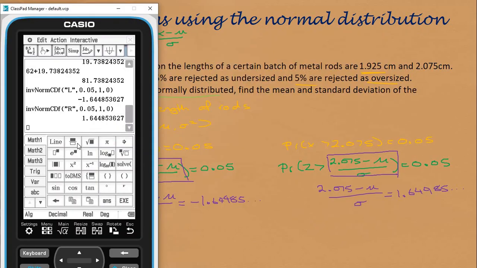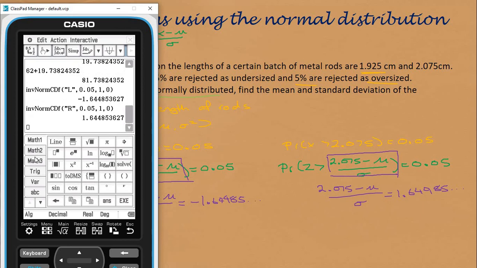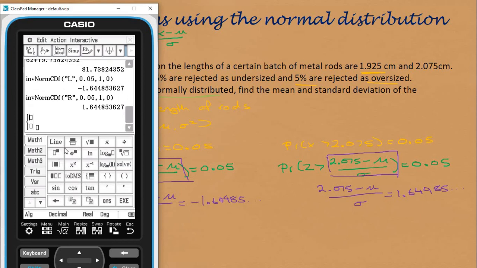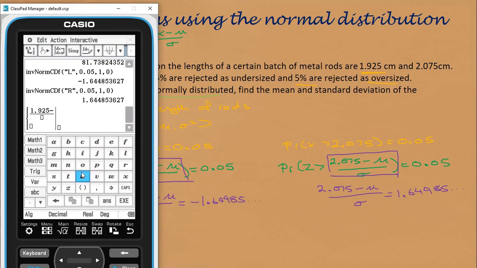So if we're setting it up in our CAS, let's set up simultaneous equations. Here we are, we've got our fraction. Our first one was 1.925 minus the mean, whatever variable you want to use, maybe I'll use U and O, divided by standard deviation.